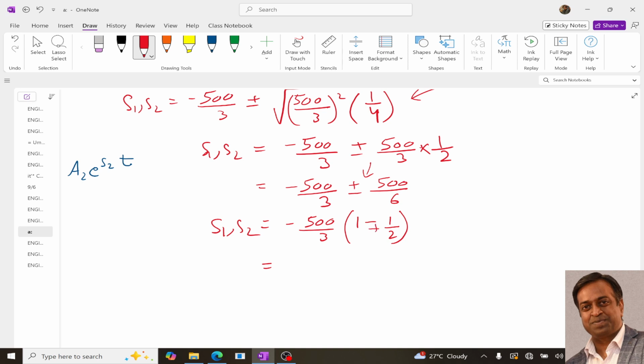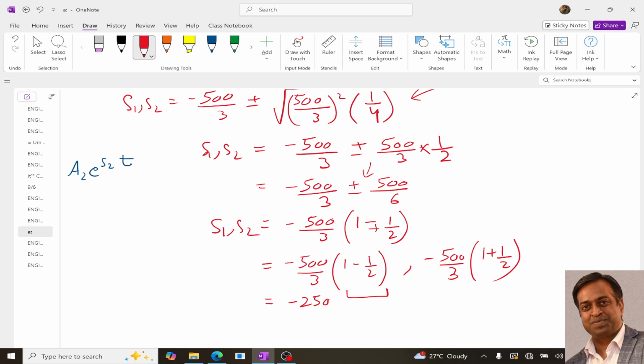So the first value, if we take minus, then we get minus 500 by 3, 1 minus 1 by 2. Second value, 1 plus 1 by 2. So it is minus 250.